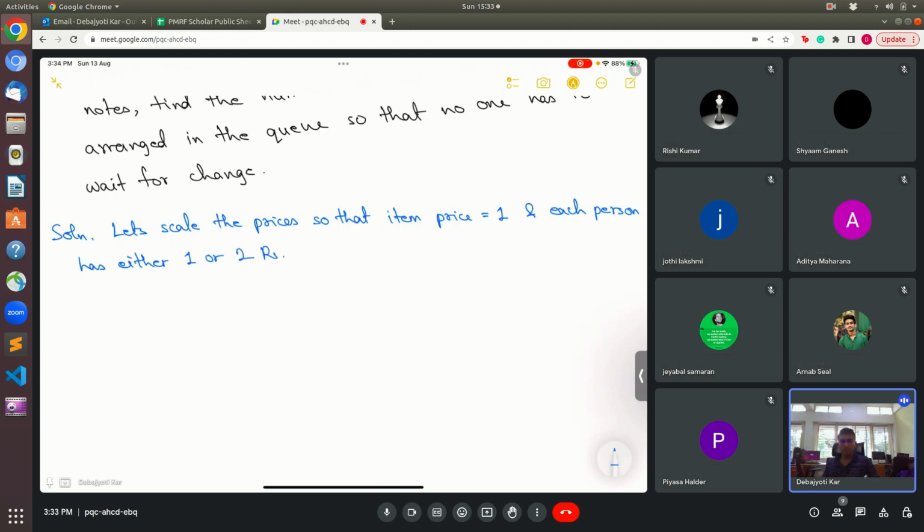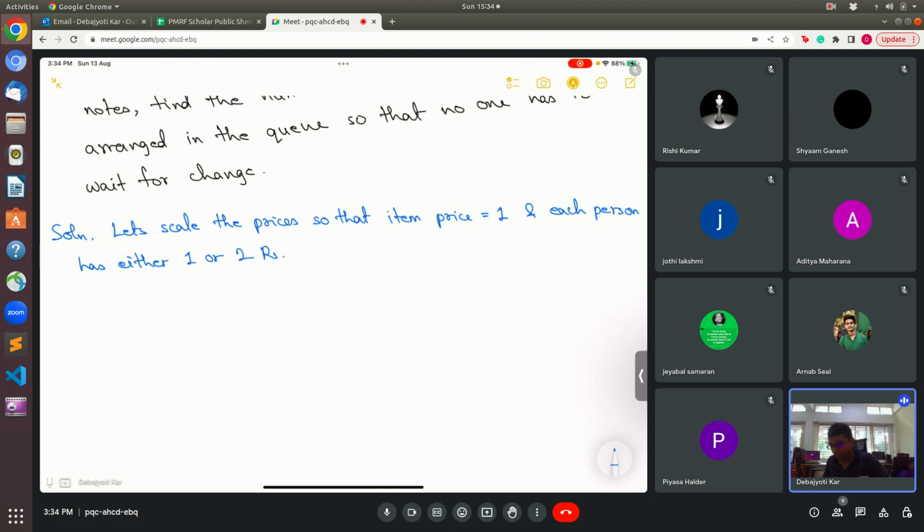We can assume by scaling that the price of the item is equal to 1 and each person either has 1 rupee or 2 rupees, and the question remains the same: in how many ways can I arrange them so that no one has to wait for change.